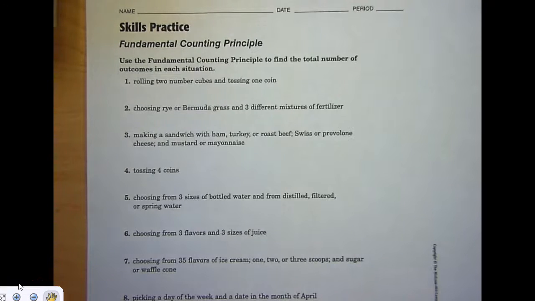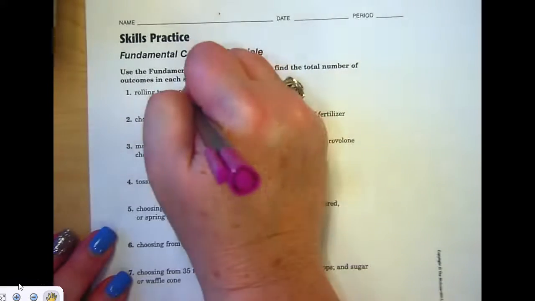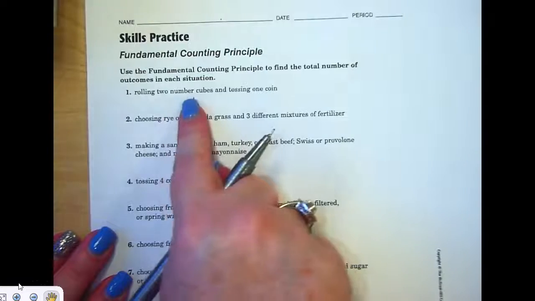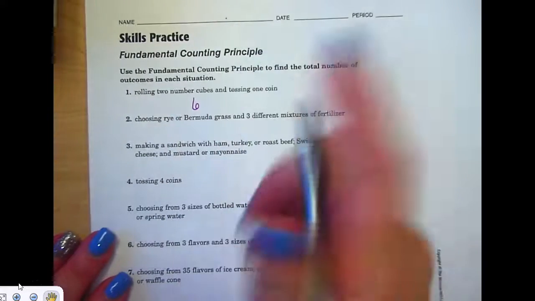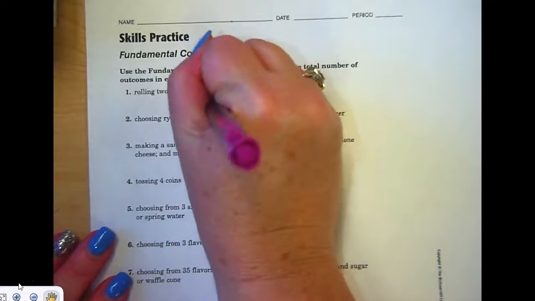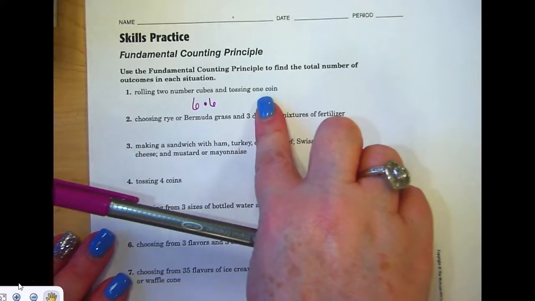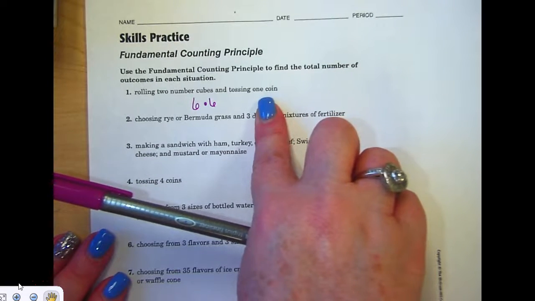How many sides are on a dice? 6. So there's 3 different events happening here. So the first time you roll a dice, how many outcomes are there? 6. You're rolling another one. So the next event, there are 6 outcomes. And then tossing a coin, how many outcomes are there? 2.